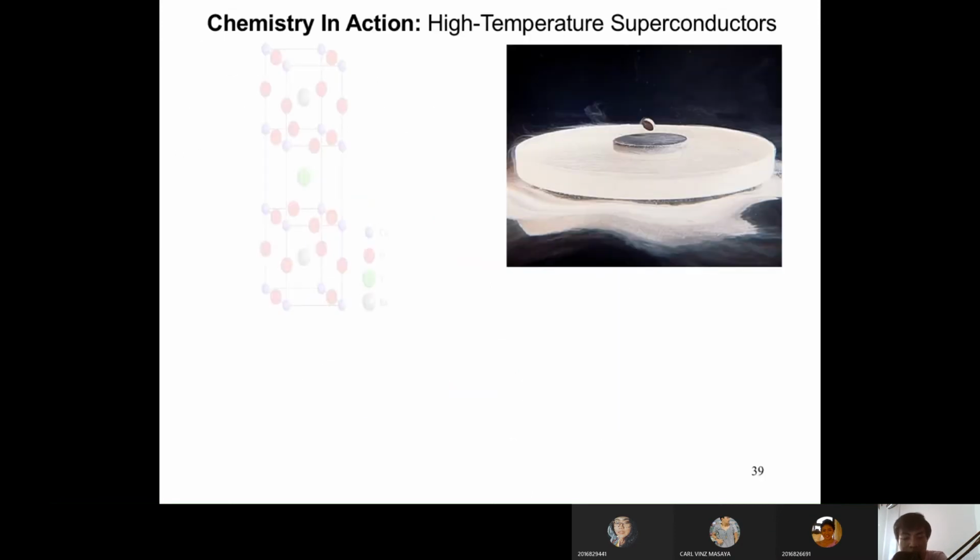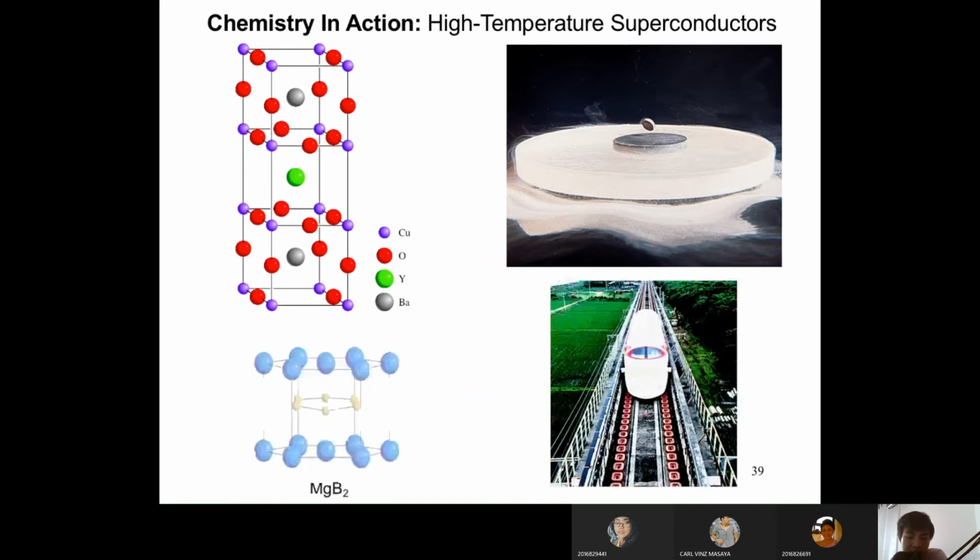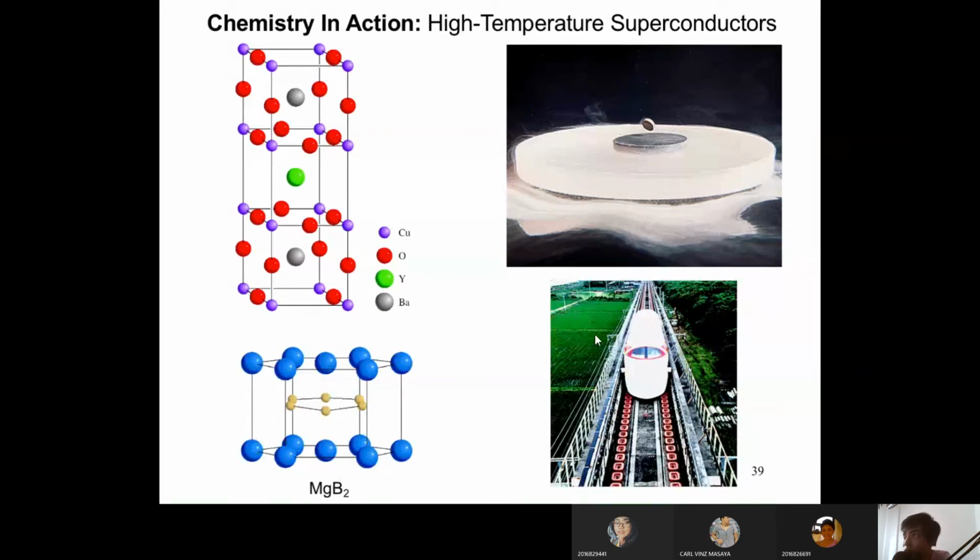So saan ginagamit yung concept nitong crystalline na to? Ito mga crystalline solids, etc. Ginagamit sila in creating superconductors. Mga ginagamit sa maglev trains, magnetic levitation trains.